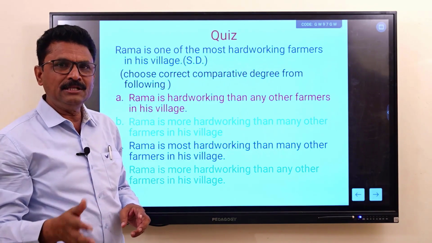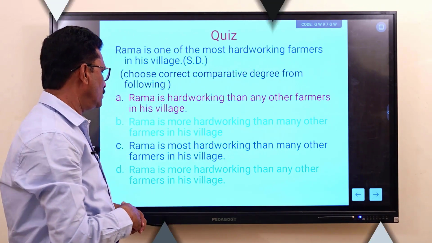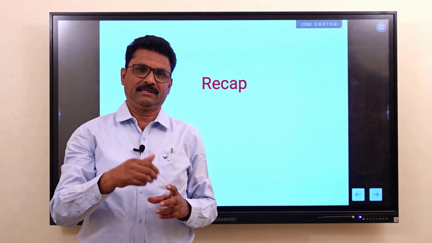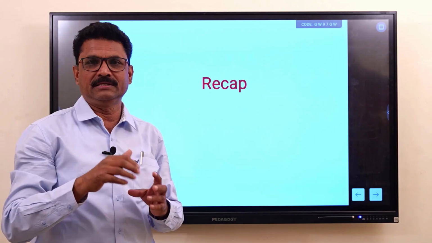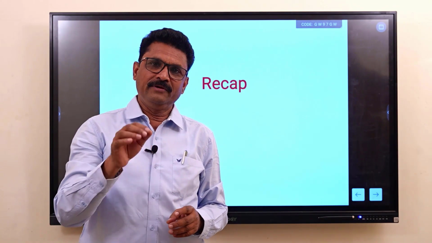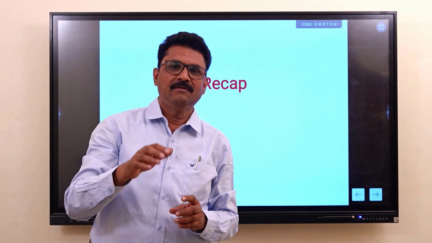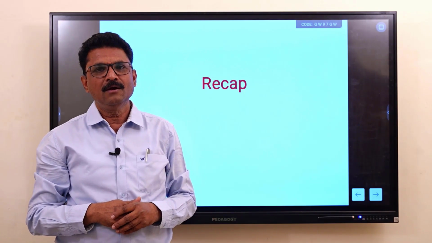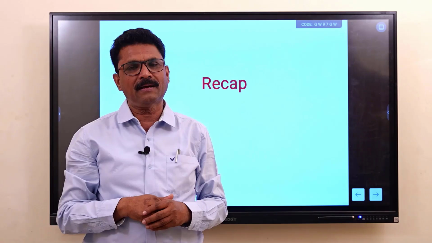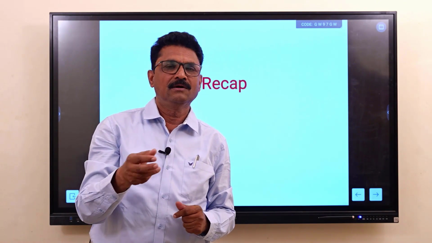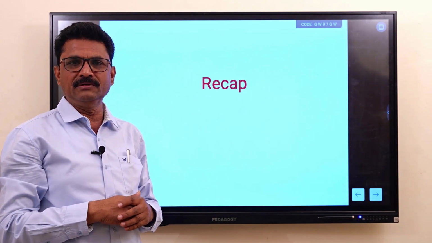So in this period we learnt about the superlative degree. What forms can we use in a superlative degree? We can add ST or EST participle in a superlative degree. For those adjectives to which we can't add ST or EST participle, we can use most before the adjective in superlative degree.